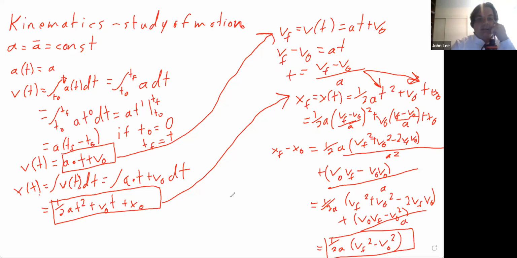Oh, and yeah, that's the main ones, but another couple of kinematics equations are that x final, or x of t, or x final, let's just say, equals v bar t plus x naught, and v bar equals v final minus v naught over 2.